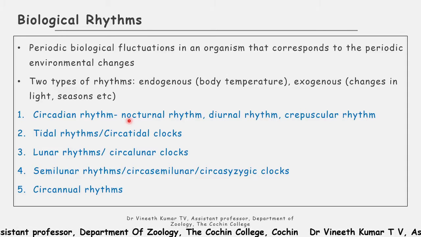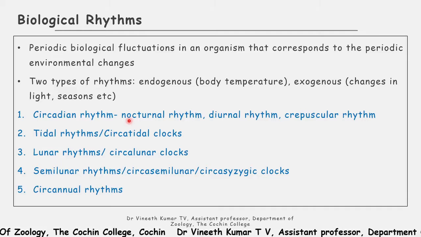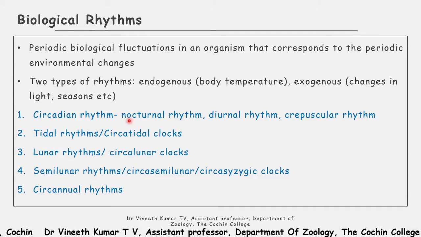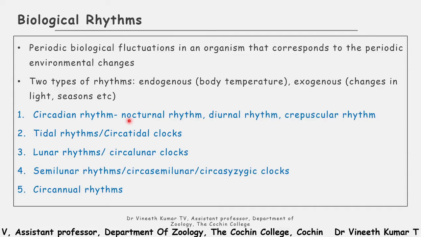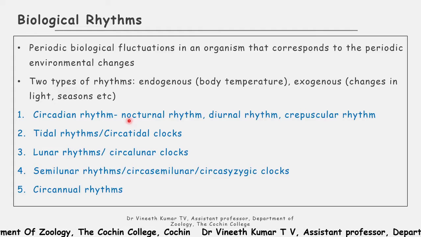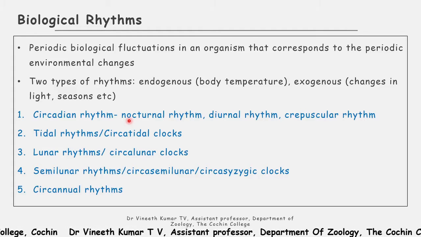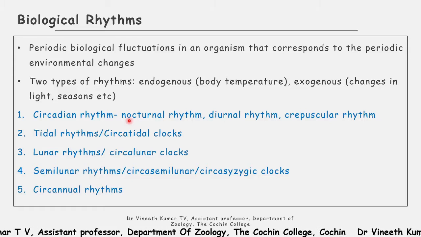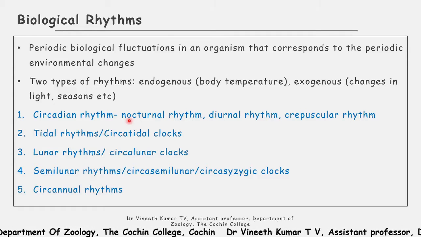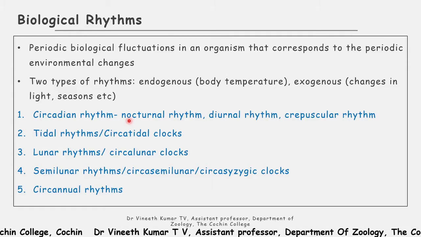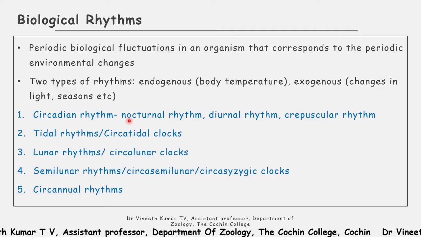Some terrestrial animals are active only at night, and such organisms are called nocturnal animals, and they follow a rhythm called the nocturnal rhythm. That's also a 24-hour rhythm, but it is opposite to the common one.